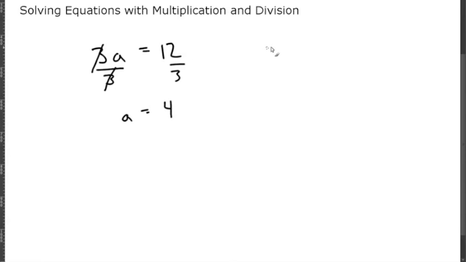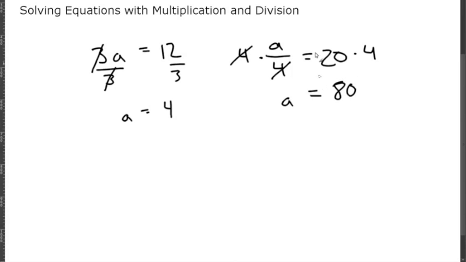And if I give you something like a divided by 4 equals 20, you know that when you multiply by 4, doing it to both sides, 4 divided by 4 is just 1, and you know that a divided by 1 is just itself. So that's one less step that you will have to write.